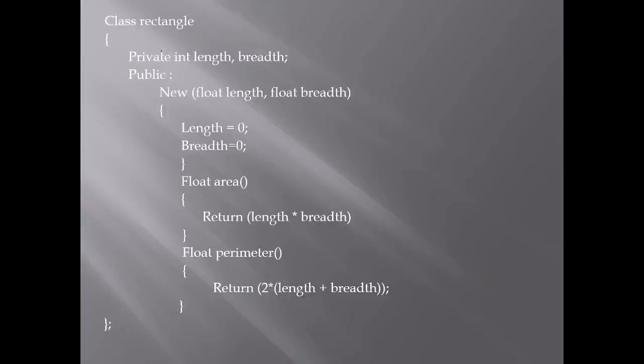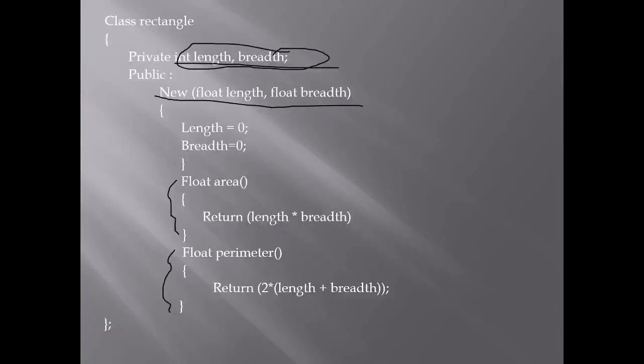So this is the way to declare the encapsulation. Here these are our variables, and this we call the constructor. Later we'll understand what the constructor is. And these are the various methods. These variables, length and breadth, are only accessed by the methods like float area and float perimeter.